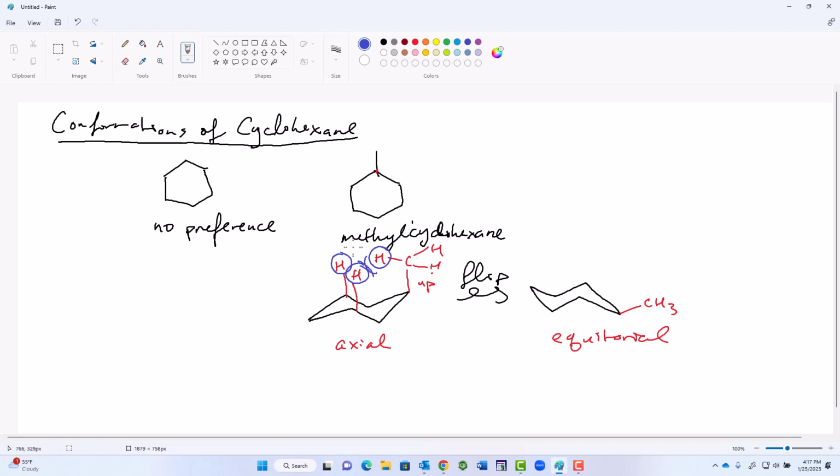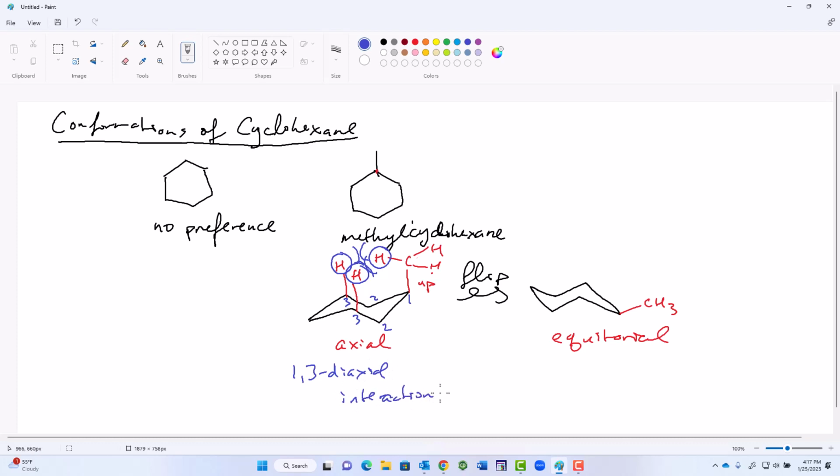They crash up into one another. If we count, we have 1, 2, 3 to one and 1, 2, 3 to the other. This kind of steric clashing we call 1,3 diaxial interactions.